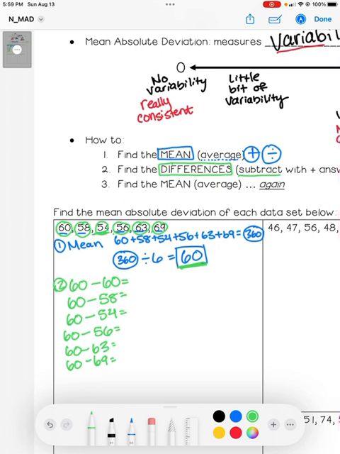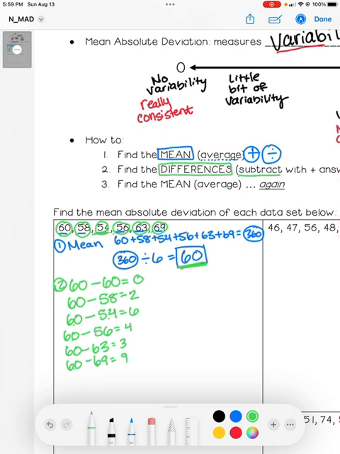The difference between 60 and 60 is 0 because they're the same number. The difference between 60 and 58 is 2. The difference between 60 and 54 is 6. The distance between 60 and 56 is 4. The distance between 60 and 63 is 3. And the difference between 60 and 69 is 9.